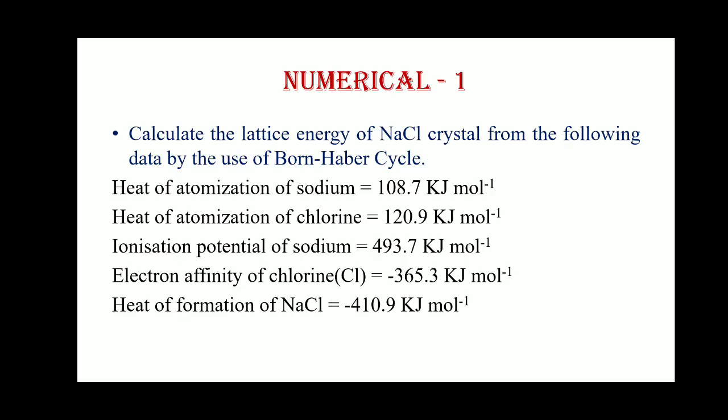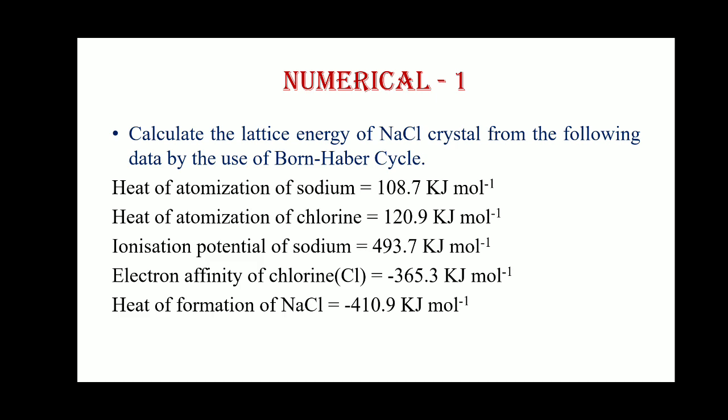So, let's start with the first numerical: calculate the lattice energy of sodium chloride, that is NaCl crystal, from the following data by the use of the Born-Haber cycle. Now in this, what are the factors given? Heat of atomization of sodium, that is 108.7 kilojoules per mole.